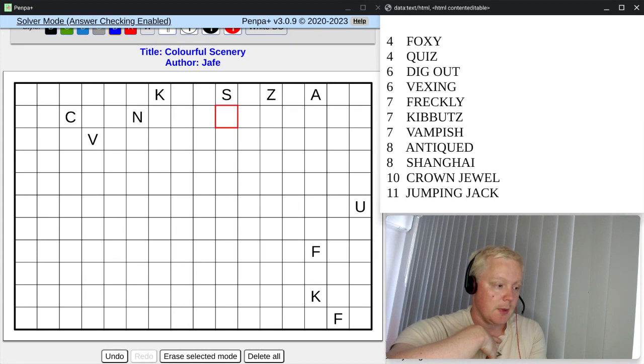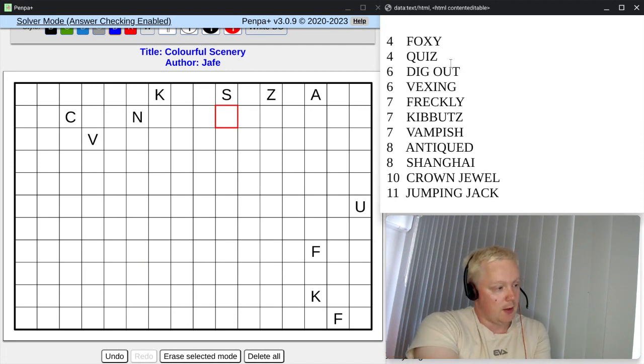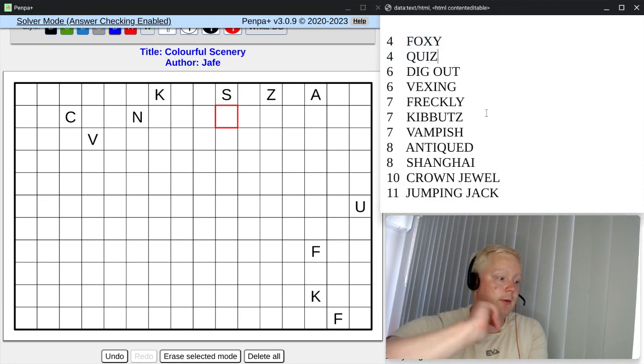That's going to be important because we're going to need to figure out what words can reach what parts of the grid. And for that, I've ordered these words by letter count here. So the longest answer we have is jumping jack, 11 letters, and the shortest ones are foxy and quiz, which are 4 letters.